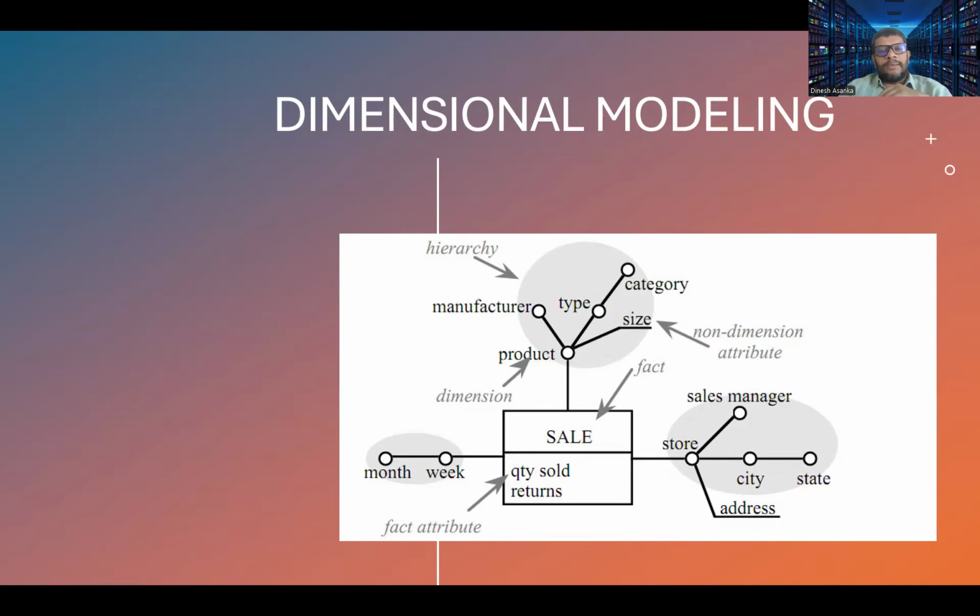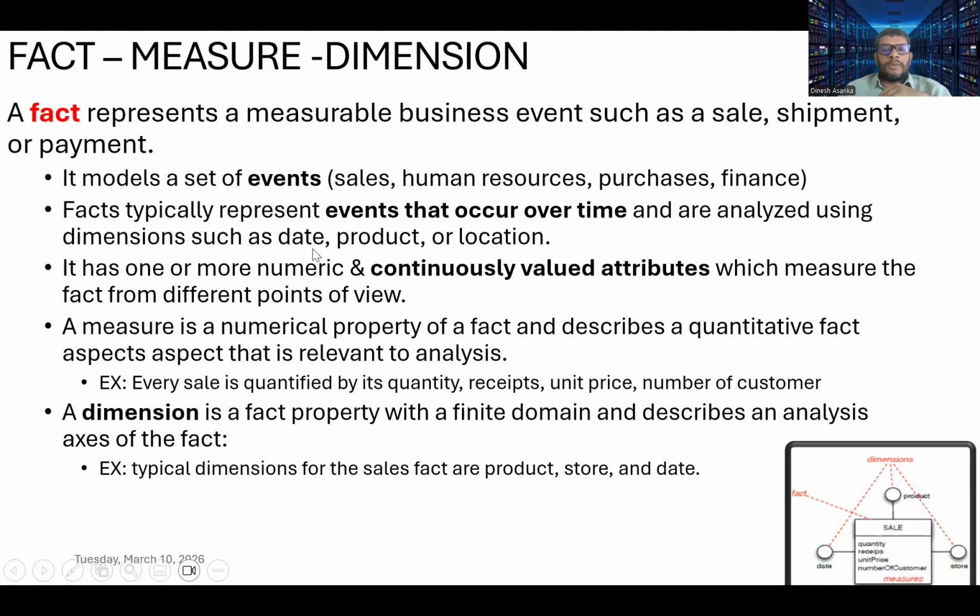We are looking at a few concepts here: fact, measure, and dimension. If you look at data warehousing, we have events. For example, ordering is an event. When you pay an employee's salary, that's an event.